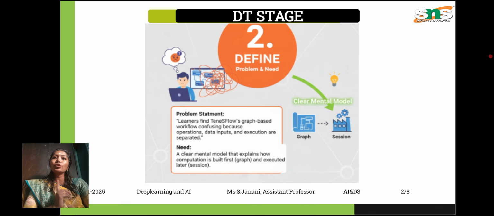First, we collect the data like attendance and internal marks, which are called tensors. Then we add and multiply the values to calculate the performance score. That is the arithmetic operation.